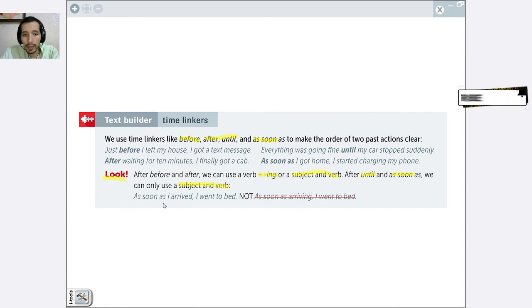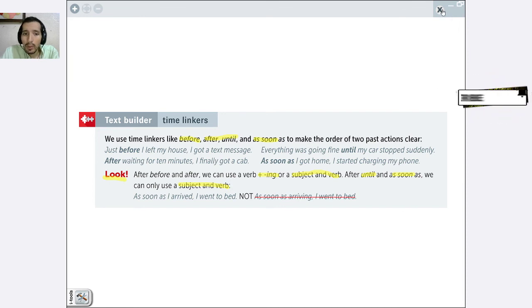Here's a quick example. As soon as I arrived, I went to bed. Now, something you're not supposed to be expressing or writing would be, as soon as arriving, I went to bed. That's a terrible expression. No, that's not acceptable. That, as you can see, is basically discarded. Okay, so be careful.